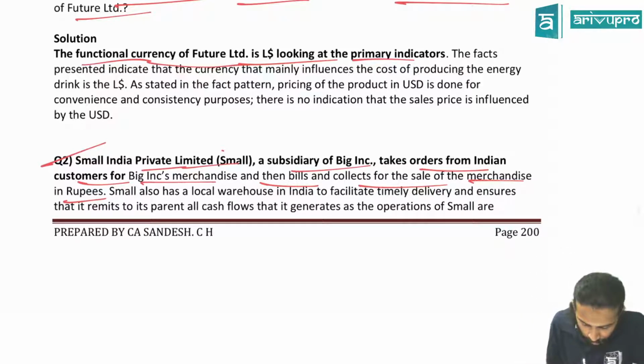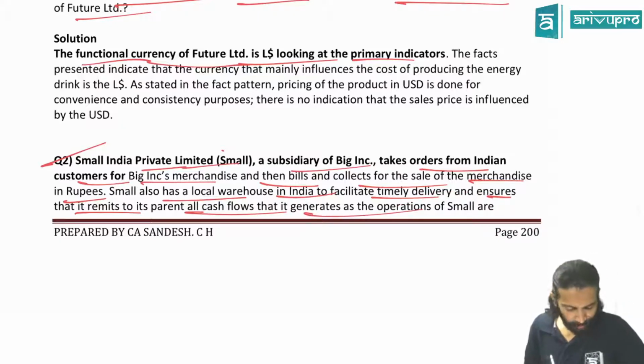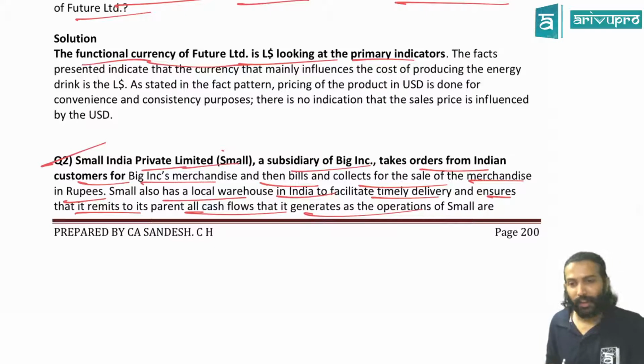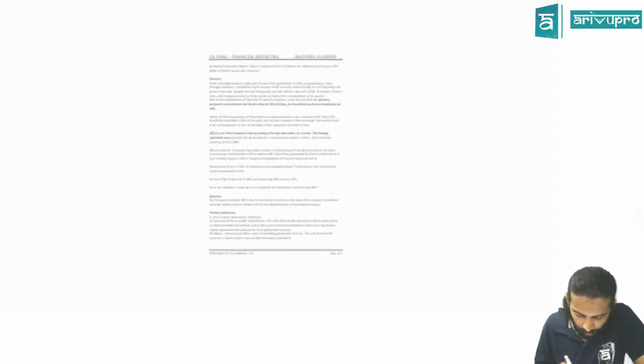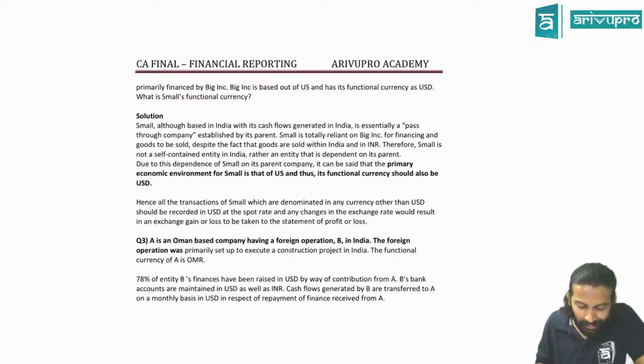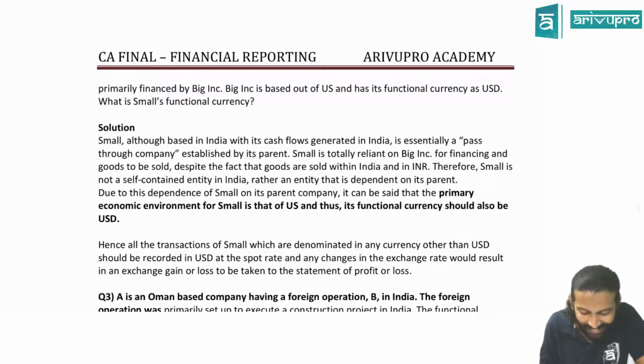Small Limited also has a local warehouse to facilitate timely delivery and ensure that it remits to its parent all the cash flow it generates. So the entire money, they're not even keeping anything. The entire money they're remitting to the parent, as the operations of Small are primarily financed by Big Incorporated.